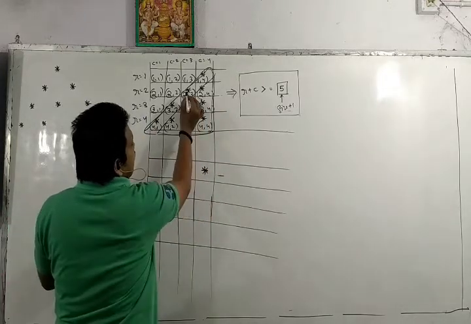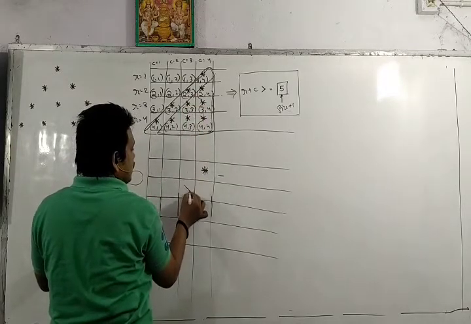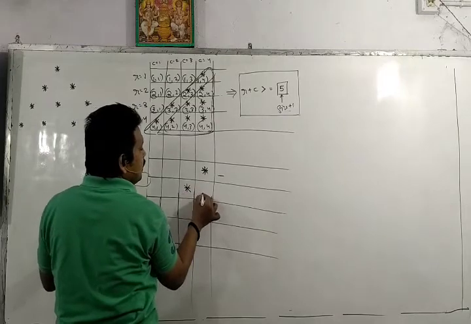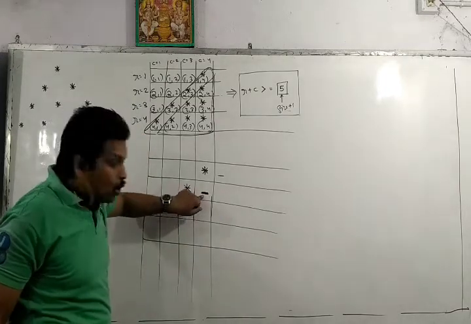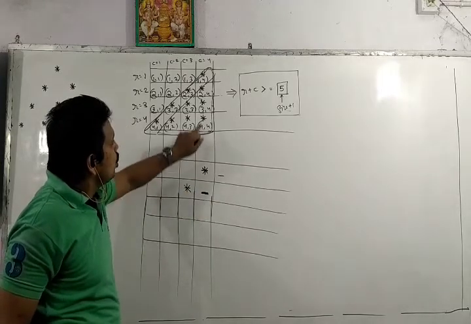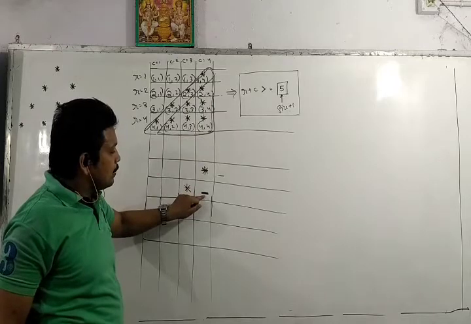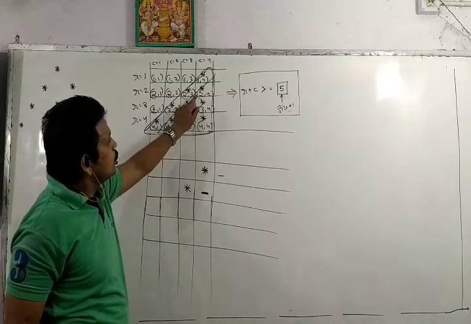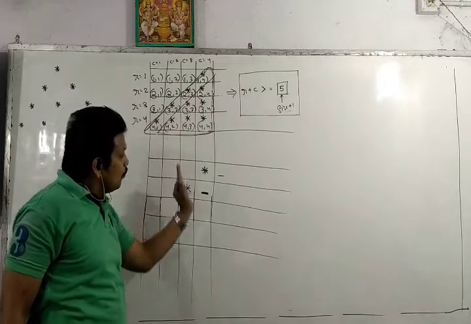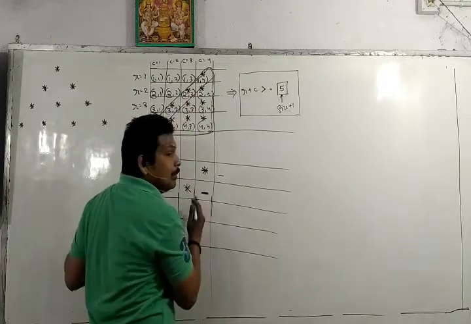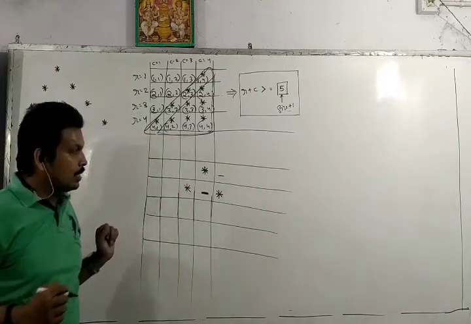Then see this star, this star, this star. The star got printed and then one space got printed. This space has occupied the location of the second star, which you can see here. So the second star will be shifted towards the right side.